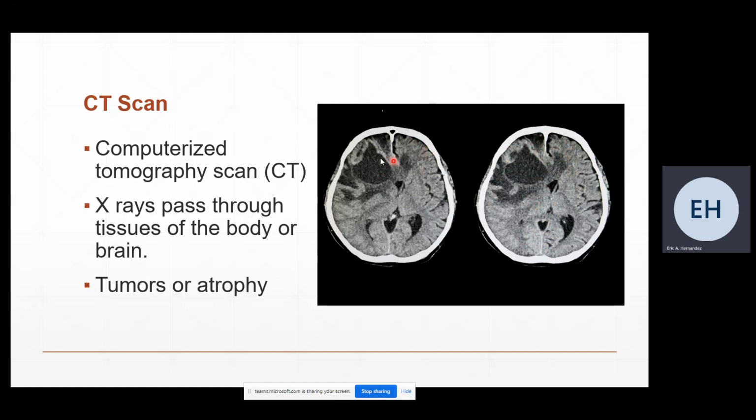We can't say that that's causing it, but we can definitely say there's going to be some correlational things there by the size of this tumor. We can almost possibly think that it could be cutting into the motor cortex just by how big the tumor is.